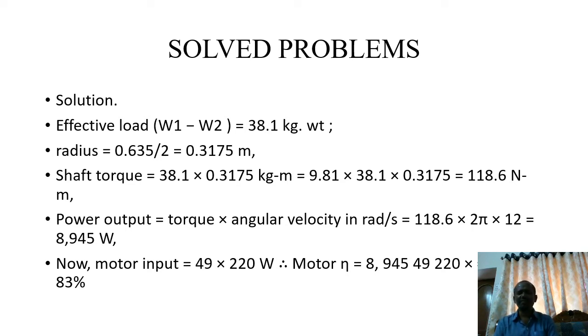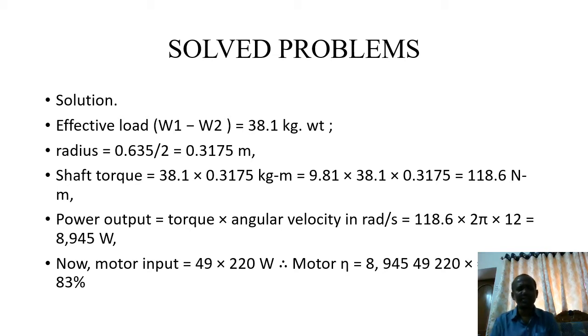The diameter D is 0.635 meters. Radius is 0.635 by 2, which is equivalent to 0.3175 meters.